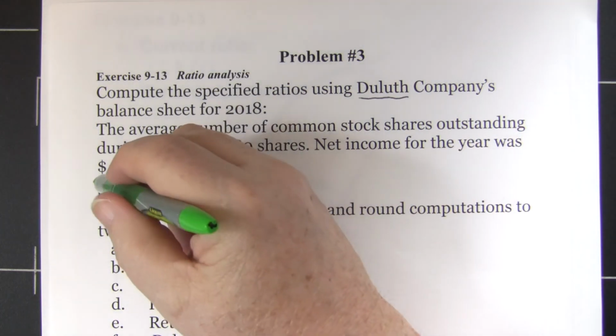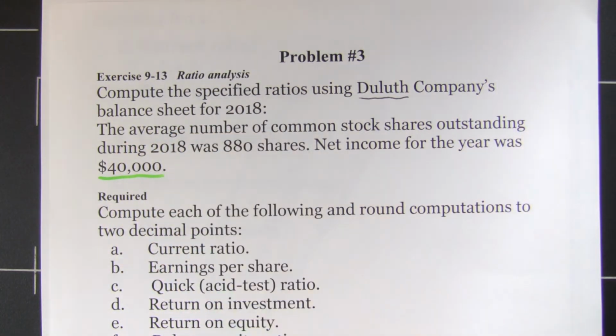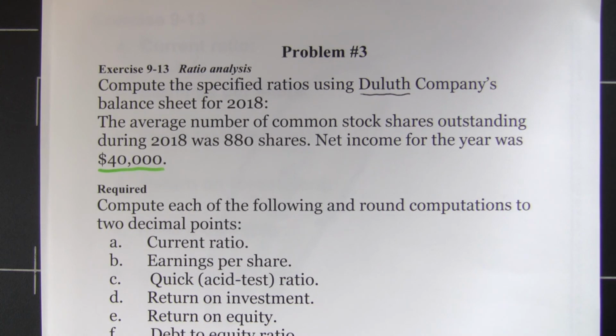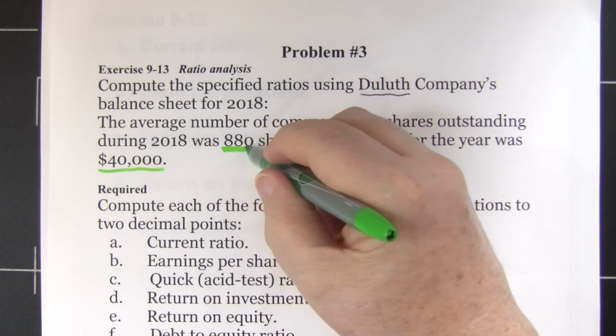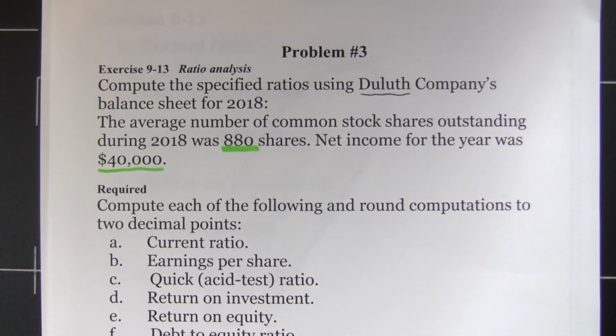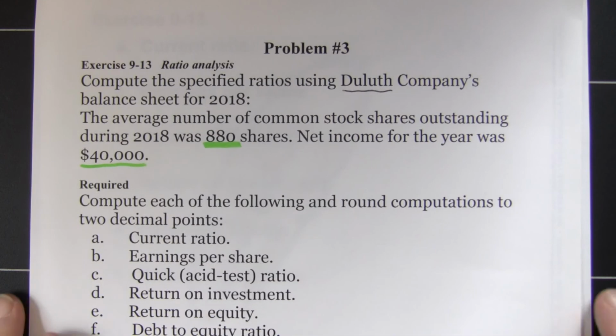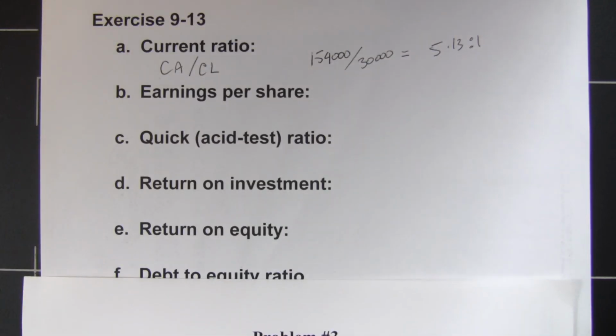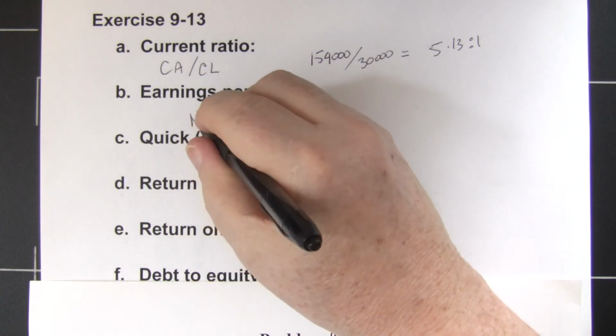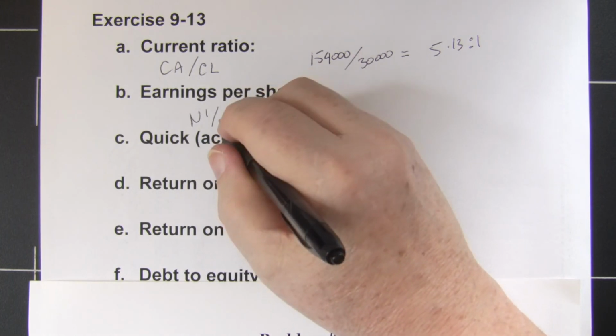Net income for the year was $40,000. 40,000 net income is another word for earnings, and we had 880 shares outstanding. So earnings per share is net income divided by number of shares.